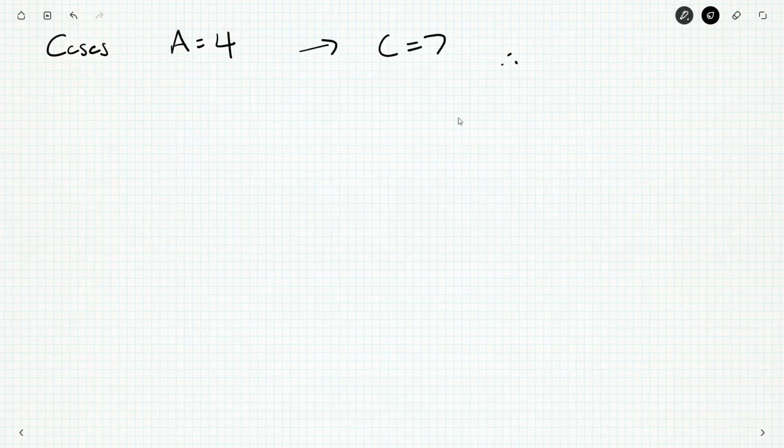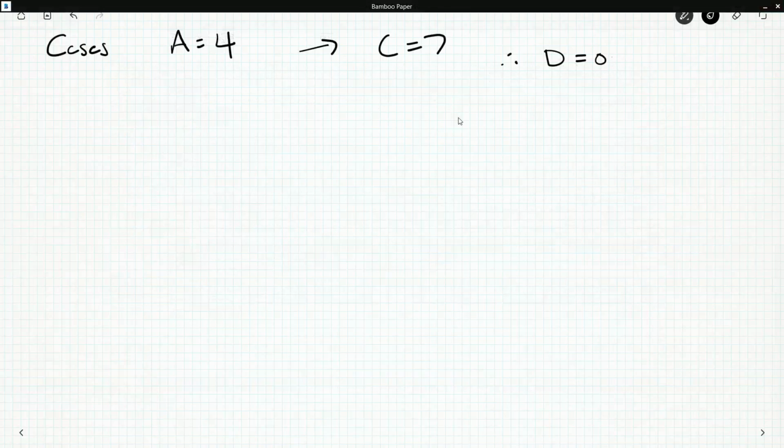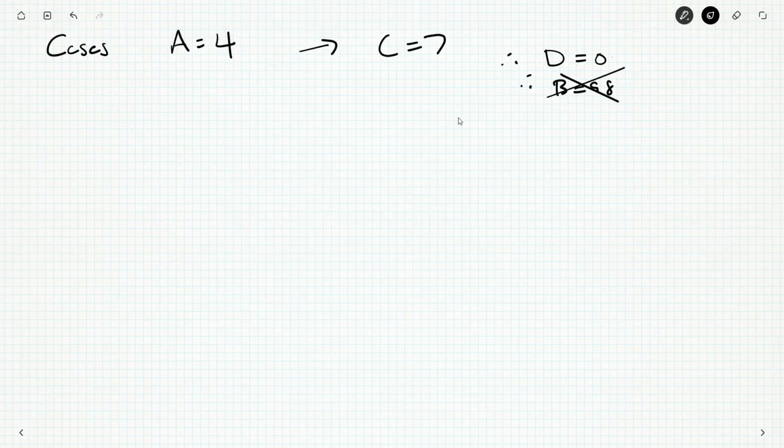That would have been a nice shortcut. Anyway, that tells me D would have to be 0 in this case, between 4:30 and 7 a.m. And that would tell me B is 98. That's ridiculous. B is at most 59. Okay, so nothing to do there.